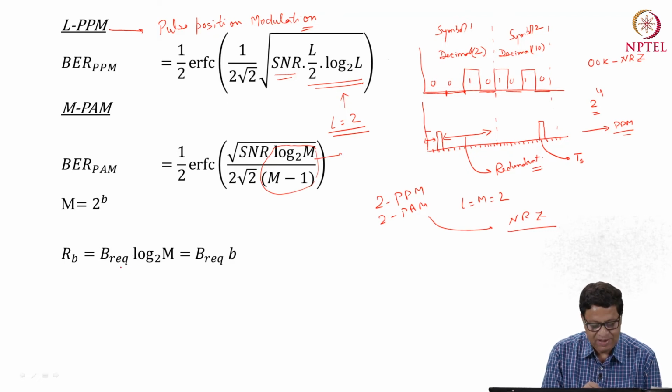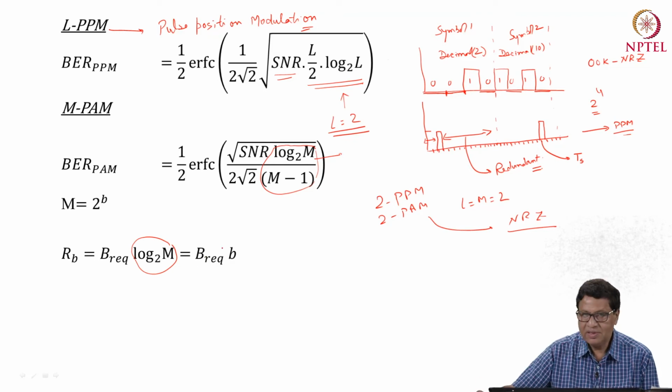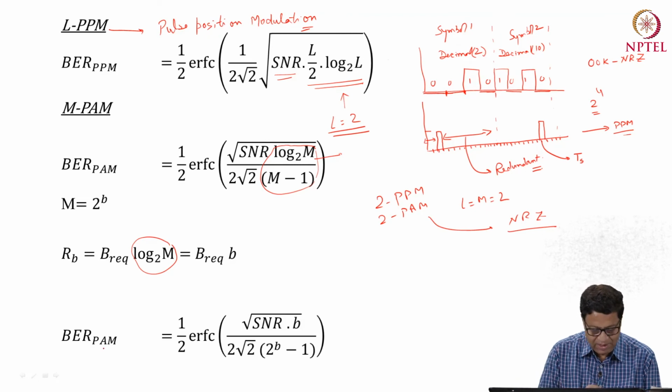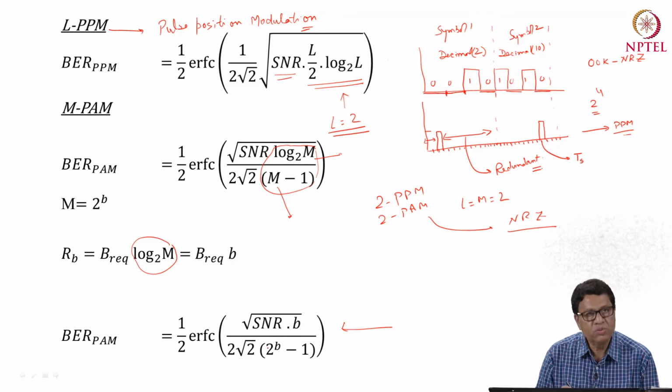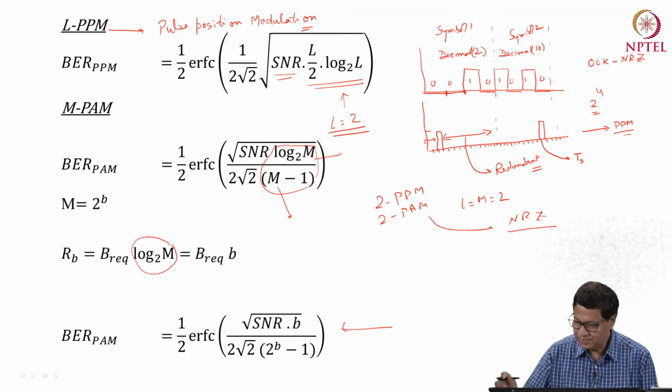So the bandwidth required increases by a factor of log 2M. And if you want to write BER of PAM in terms of B, M can be written in terms of B, and then it reduces to half error function of root SNR into B, 2 root 2, to B minus 1.